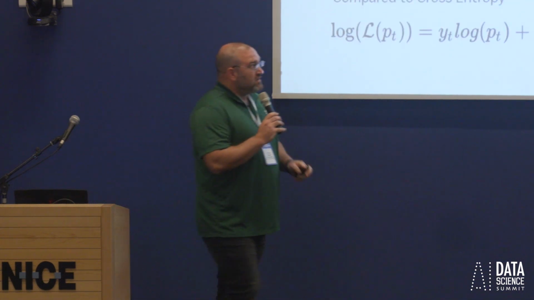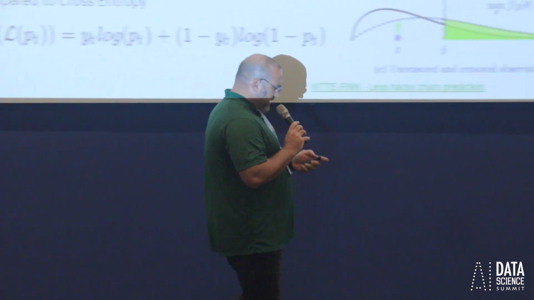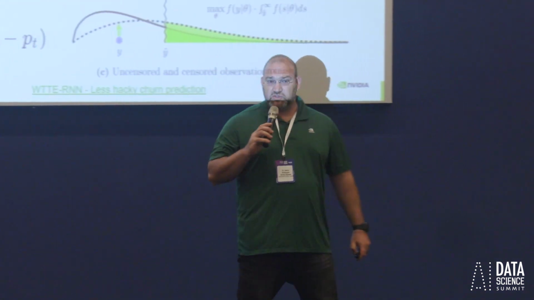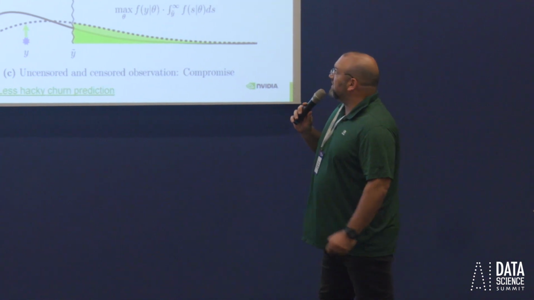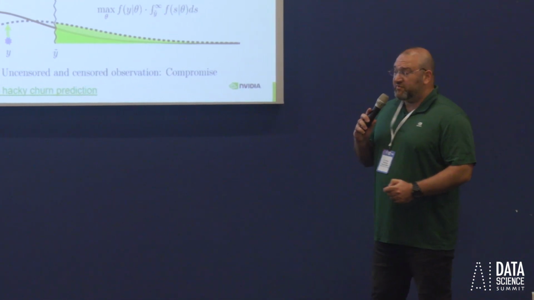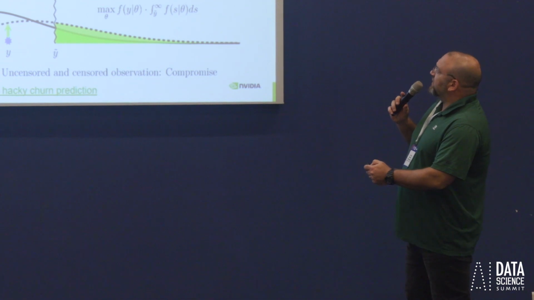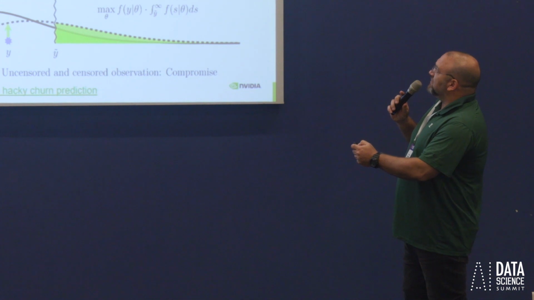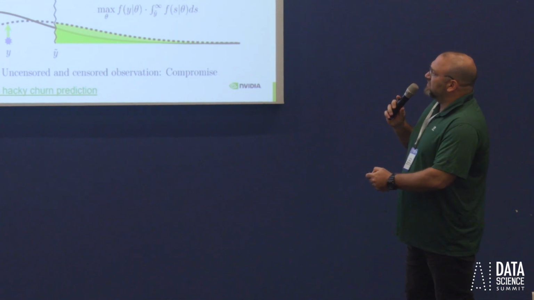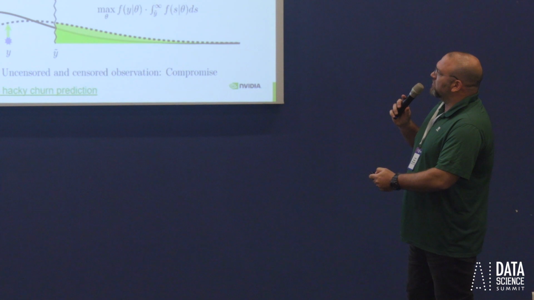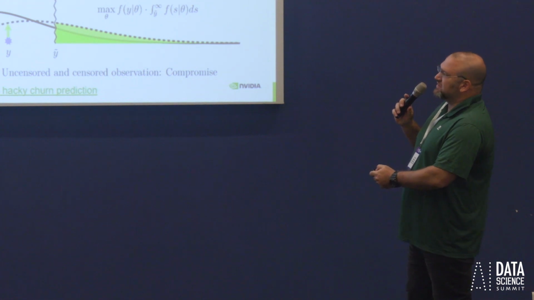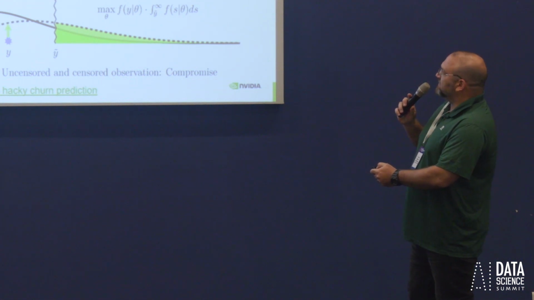Okay, so we talked about the wrong way, which is classification. What is the right way? The right way is to use a loss function which takes into account the fact that some of the data is censored. So if I know that there was an event of failure or a cookie being eaten, I would like to increase the probability here. But if there was no event, I don't know when the event will happen, but I know that it will happen after the last timestamp that I have available in the data.